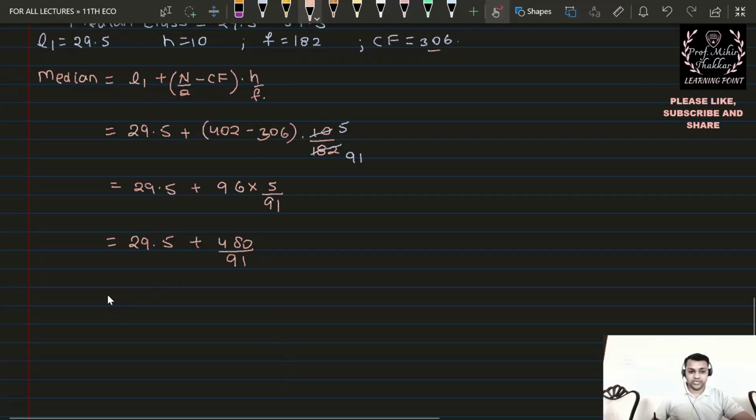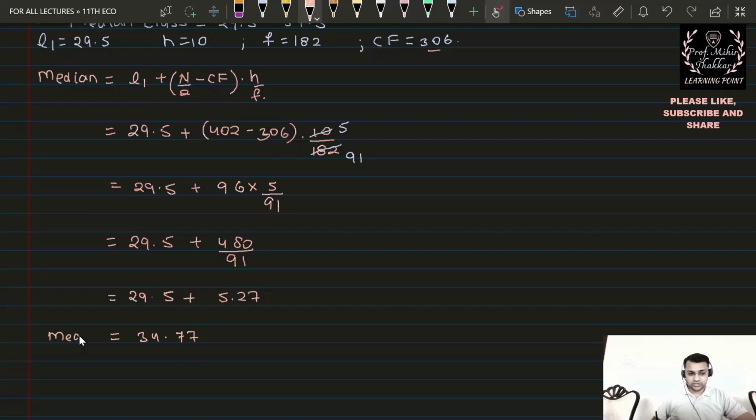When we divide 480 by 91 up to a maximum of 2 decimals, you have to do it. So on division, you will get this is equal to 5.27. So 29.5 plus 5.27, that is going to give you 34.77.